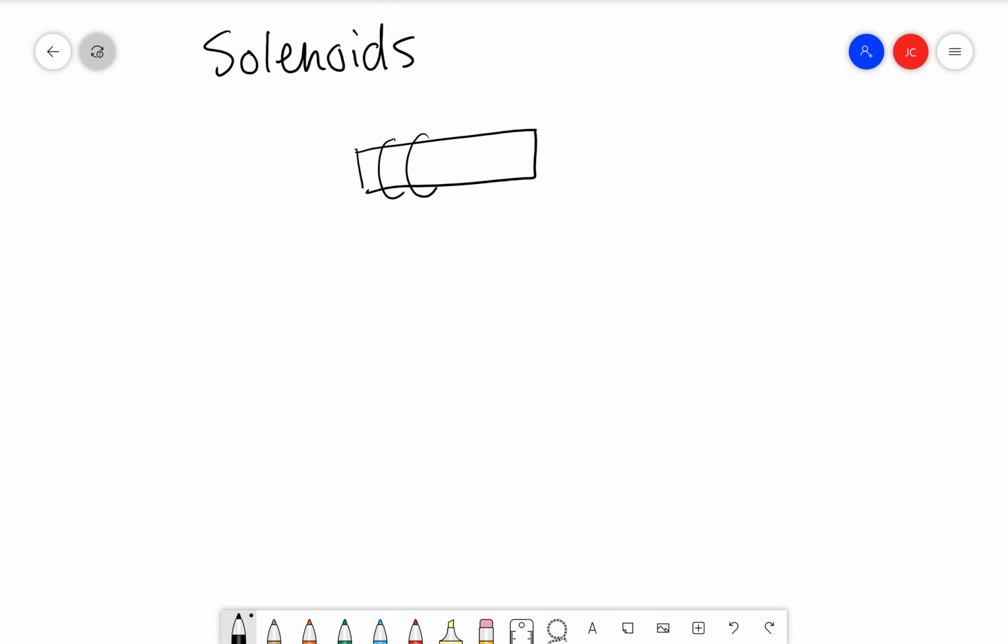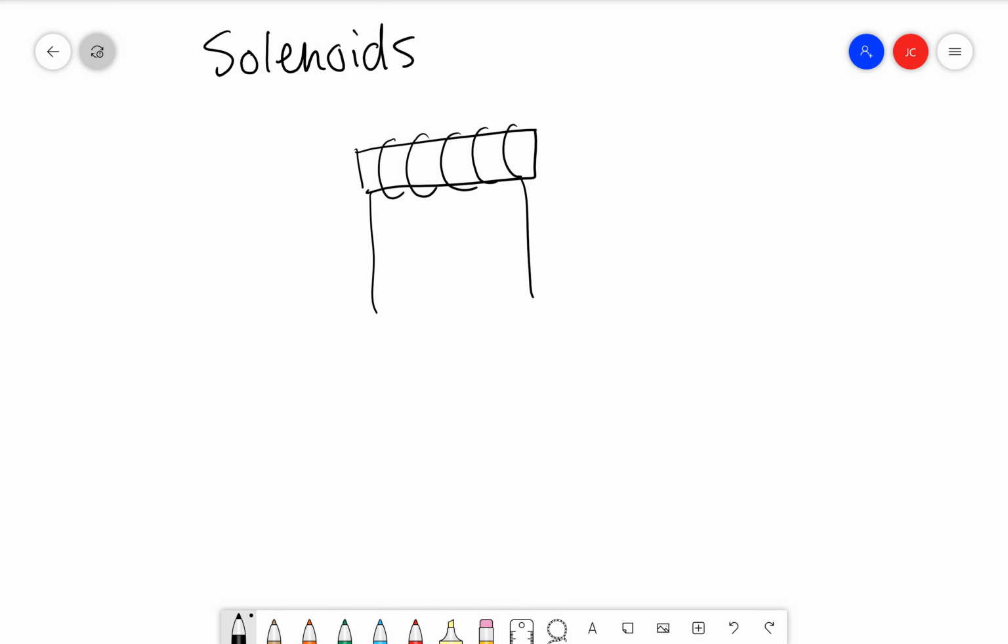Okay, now we get to the exciting part, solenoids. Here is a solenoid. I'm going to just draw a kind of, admittedly not beautiful drawing of one, but it'll do. This is a solenoid. A solenoid is a wire that's been wrapped around some core material. That core could be something like iron or aluminum, or it also could be air or theoretically vacuum.